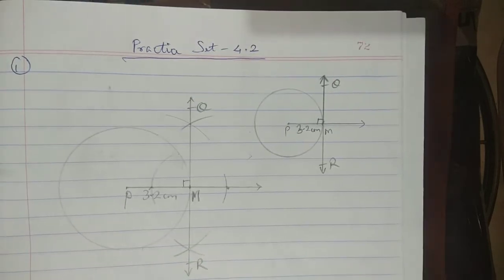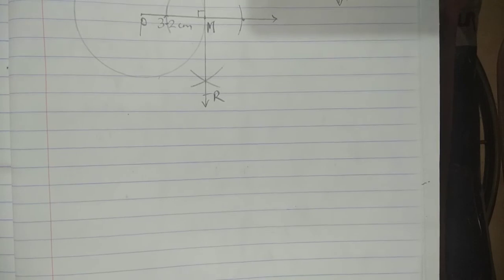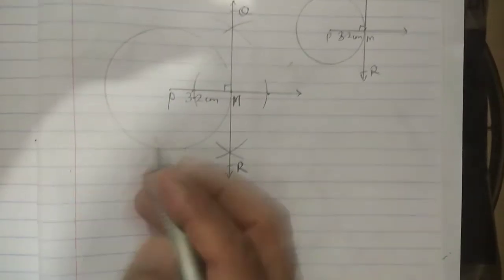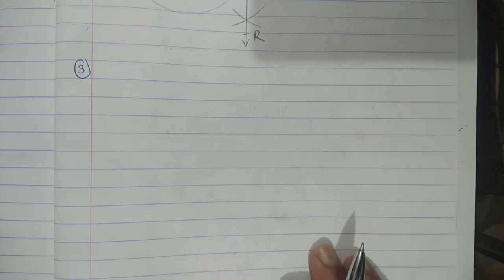Now we will do question number 3. I will write question number 3. They have told us to draw a circle of radius 3.6, then draw a tangent to the circle at any point on it without using the center.